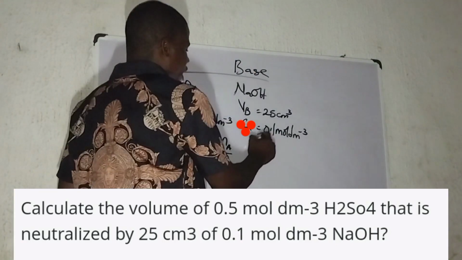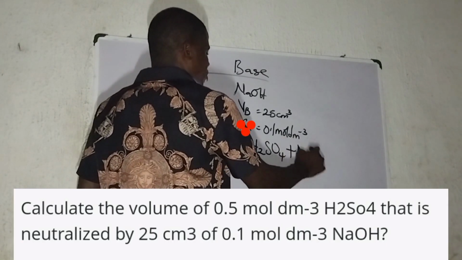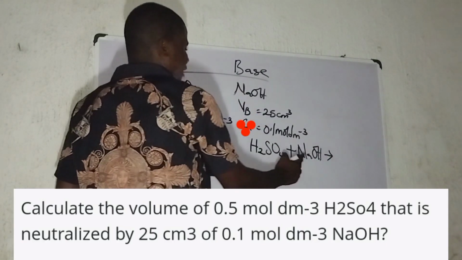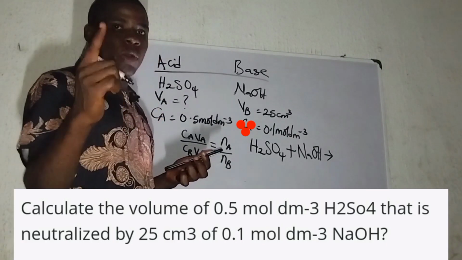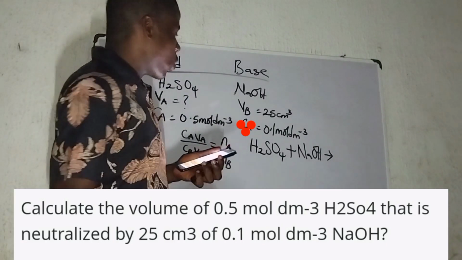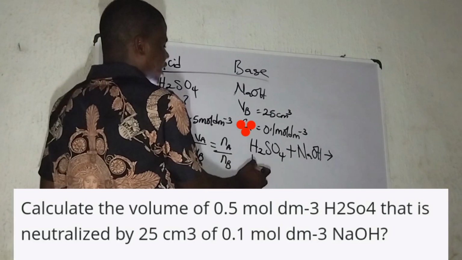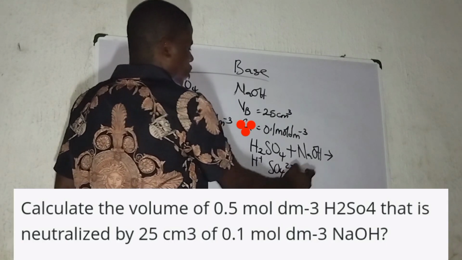So when I have H2SO4, an acid, reacting with a base, sodium hydroxide, since an acid reacting with a base is a neutralization reaction, we must form salt and water. If I dissociate this, hydrogen ion will come out and sulfate ion will still come out.